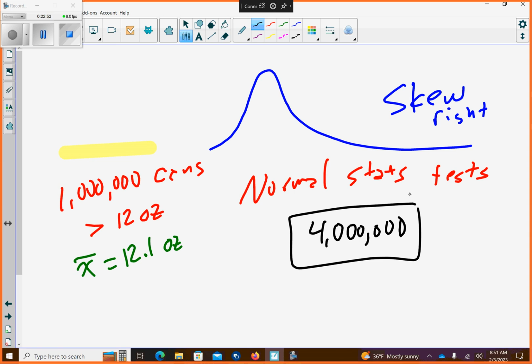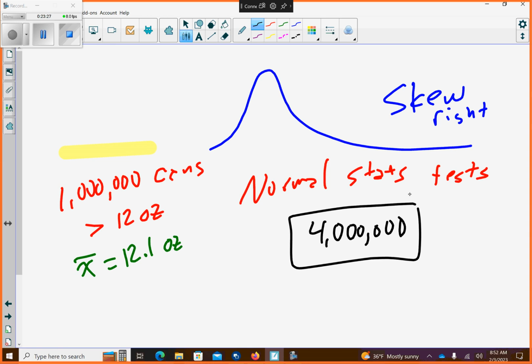And so the new guy that just came into the office, who is working on his PhD in statistics, says, hey, there's something called the central limit theorem, in which we only have to select 30 or more cans of Coca-Cola, and we can show that we have an approaching normal distribution.